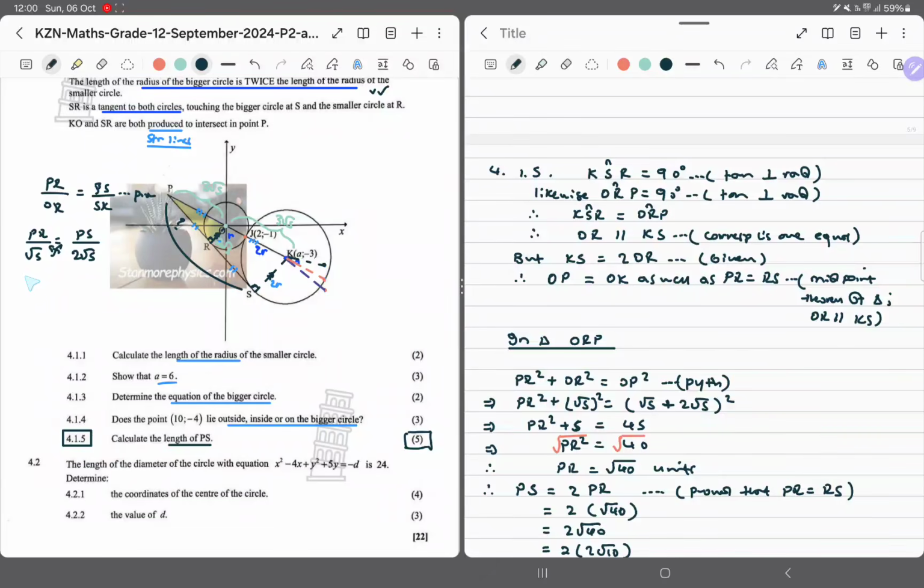I'm trying to think now. Okay, let's just say 2 root 5 PR is equal to root 5 PS, right? And then we can divide by 2 root 5. And what happens? That goes, and then we find that PR is going to be, root 5 takes each other out. So can you see it's half of PS?